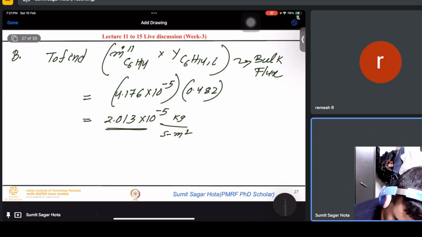Now, the next one is the diffusional flux.